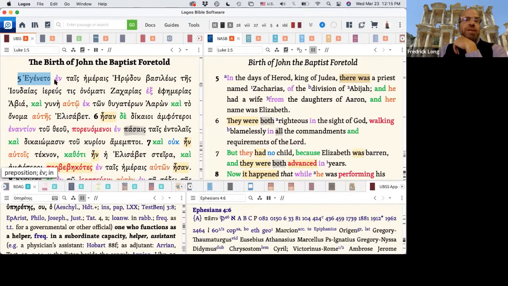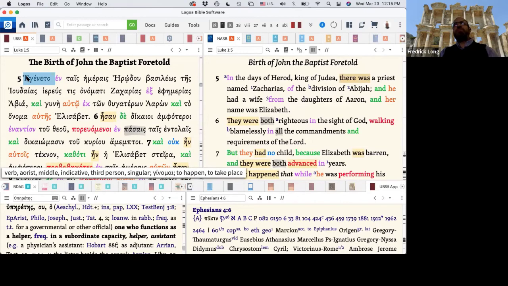It happened in the days of Herod, the king of Judea, is how I would begin to translate. Now, this idea of "it happened" seems to be a Septuagintal idiom or a Hebrew idiom. And we're in a style here that matches Jewish historiography.